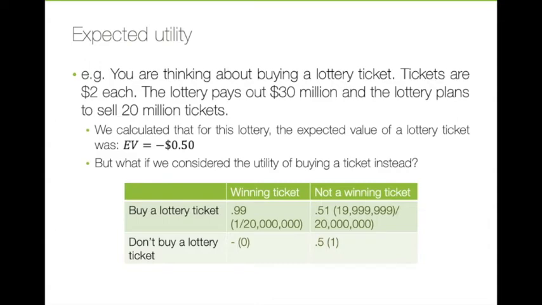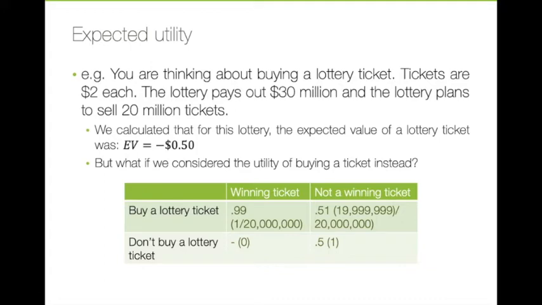Now let's consider the utility of buying a ticket instead. The following decision matrix gives the utilities of each outcome, as well as the probabilities of each outcome. The probabilities are given to you in this problem already, because you know that there are 20 million tickets, so you have a 1 out of 20 million chance. So the probabilities are the numbers in parentheses.